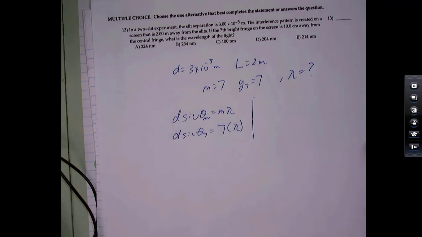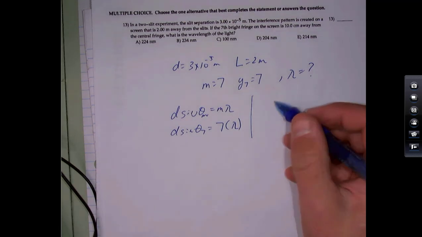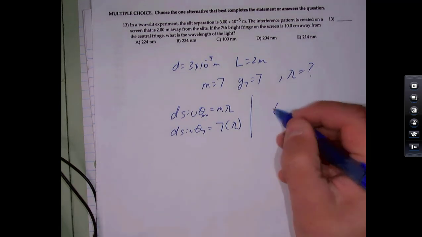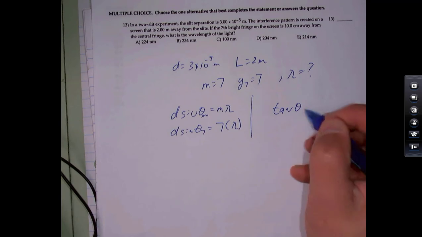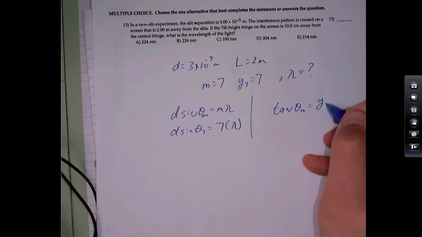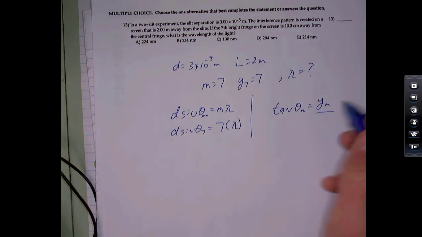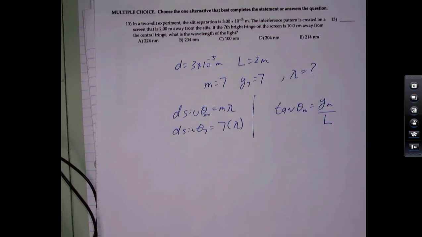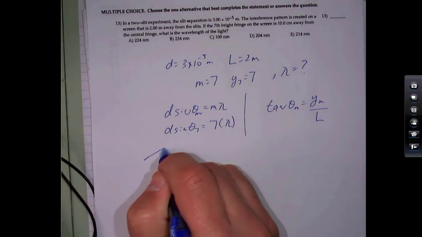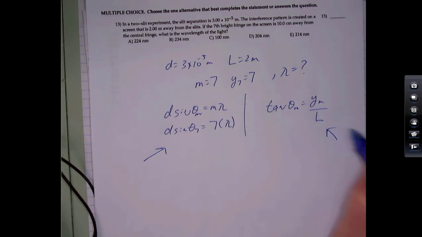Now the trigonometry part, if you will, is tangent theta m is equal to ym divided by the distance to the screen. So take a look back at that section of chapter 17 if you want a better picture of what's actually going on. Again, this is the physics part, this is the trigonometry part.